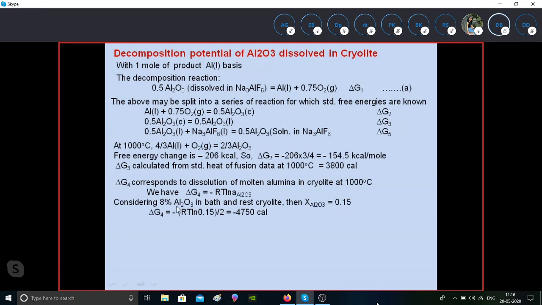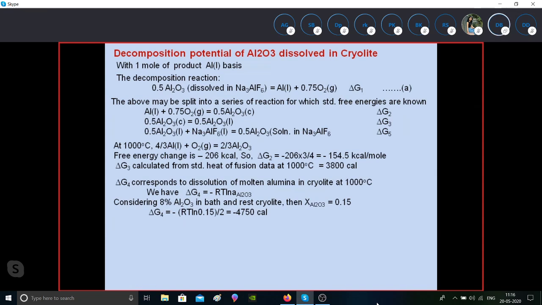If we consider it as an ideal solution, where activity is equal to mole fraction, then we can straight away find delta G4 is equal to RT ln 0.15 by 2.